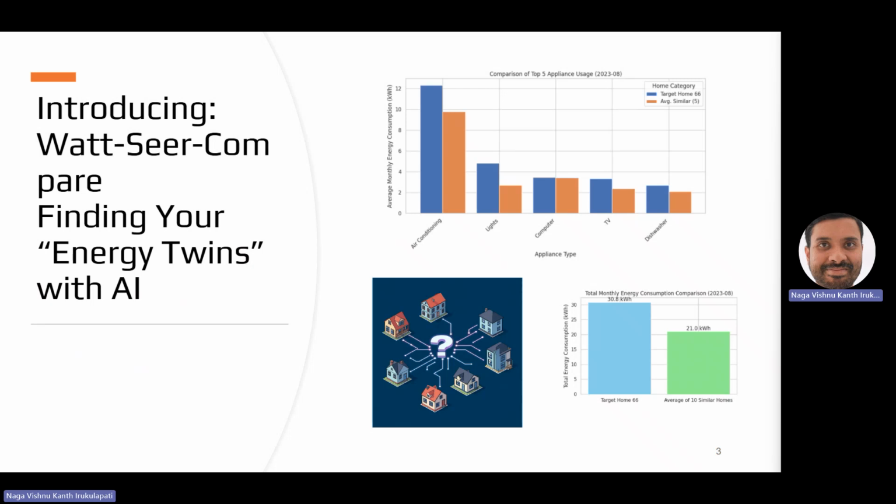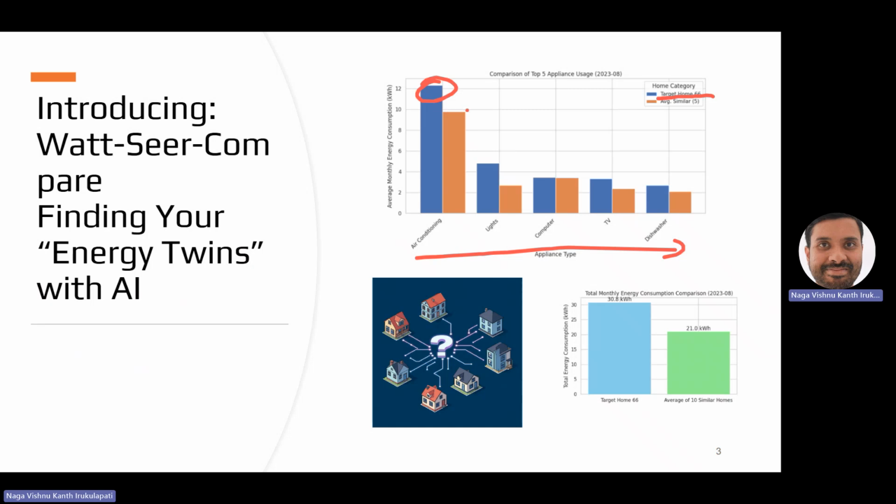Here you see one example where you are target home number 66, and on the x-axis you see different appliance types: air conditioning, lights, computer, TV, and dishwasher. The blue ones are your target home. Then there is the average of other homes.